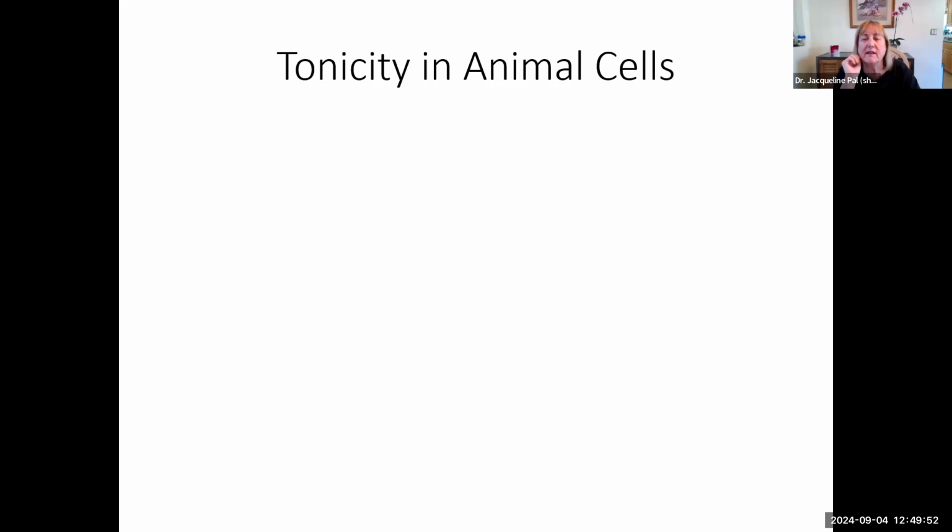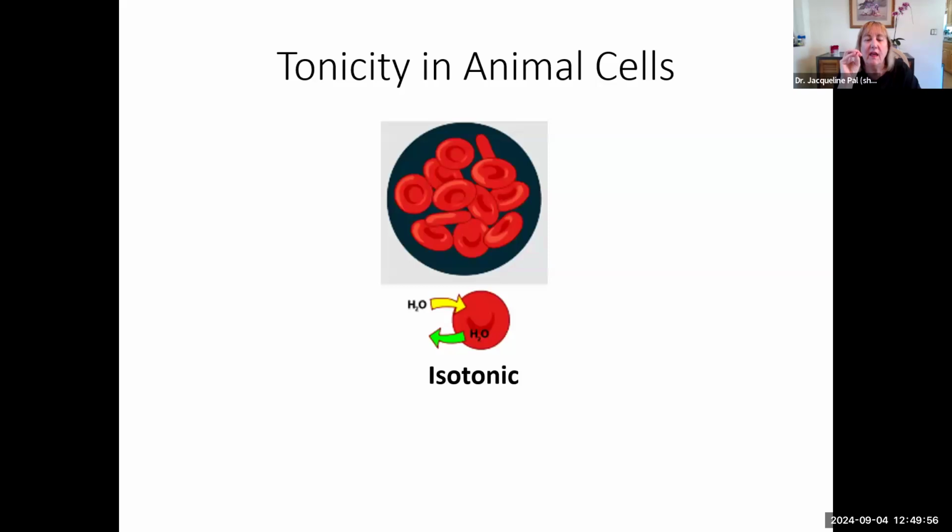The next topic is something known as tonicity. If we take cells and we put them in solution, we want to put them in a solution that is what we call isotonic, as in the same tonicity.